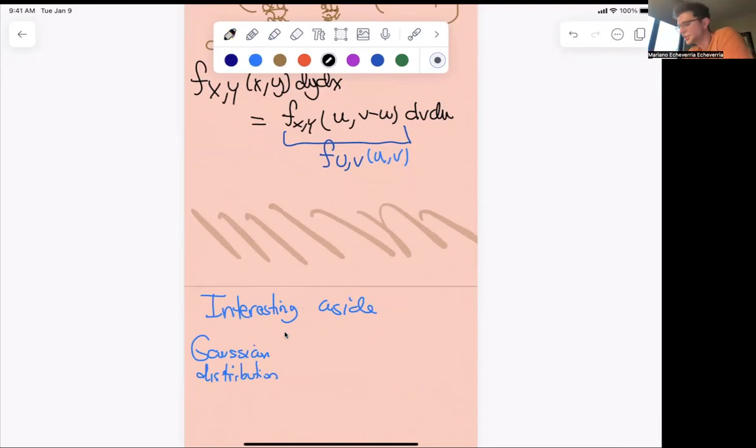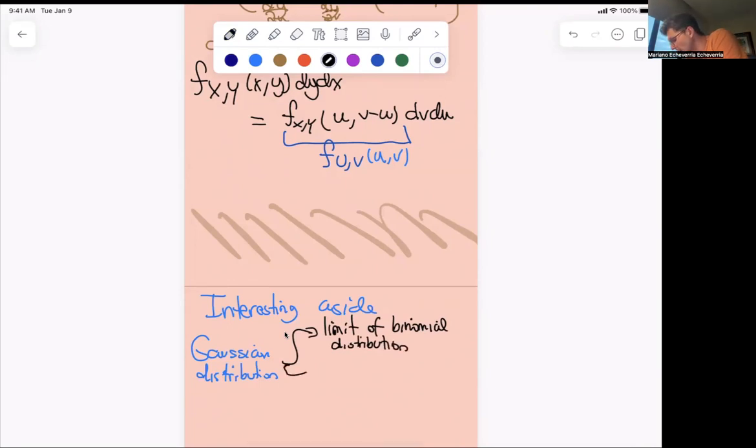One manifestation is that it is the limit of the binomial distribution. We did that a long time ago. One origin of the Gaussian is as the limit of the binomial distribution, which generalizes to appearing in the central limit theorem. These are kind of the same idea.